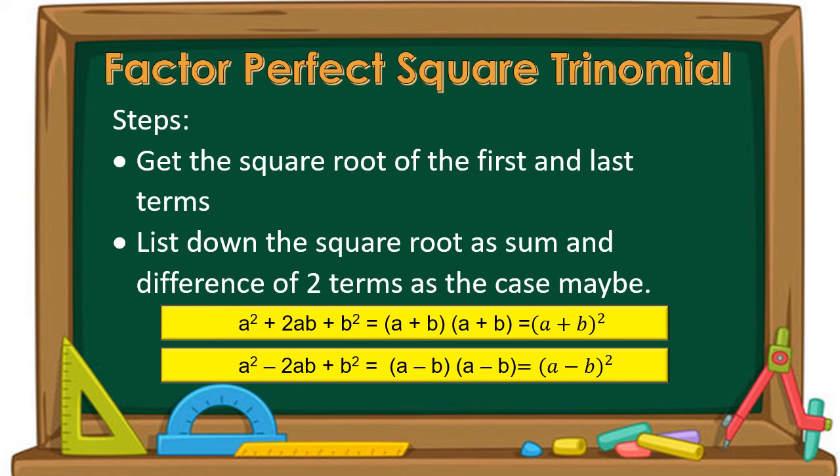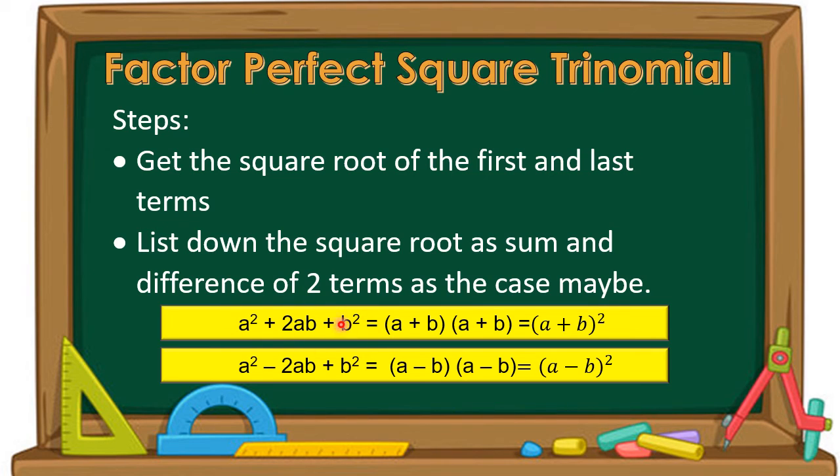So first step is for you to get the square root of the first and last terms. So that's the first step, and list down the square root as sum and difference of two terms as the case may be. So either way of the two that you can use for your factoring.